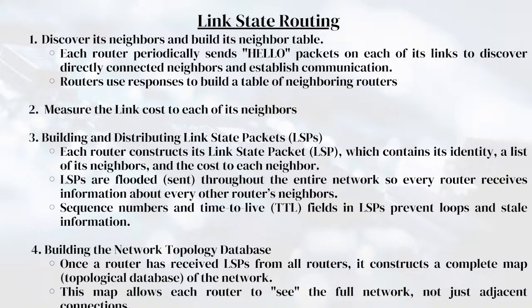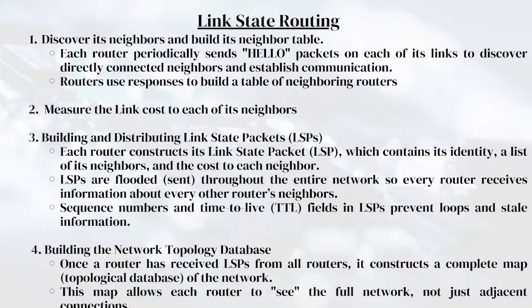To prepare the neighbor table, each router periodically sends a hello packet on each of its links to discover directly connected neighbors and establish the connection. Routers use the responses to build a table of neighboring routers.